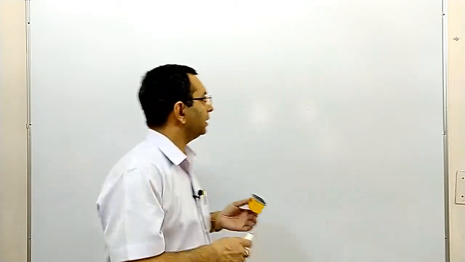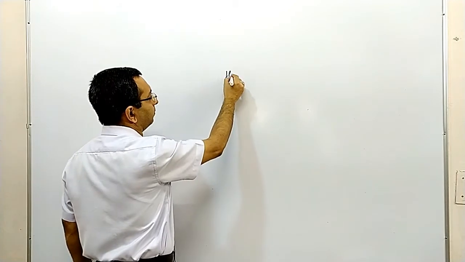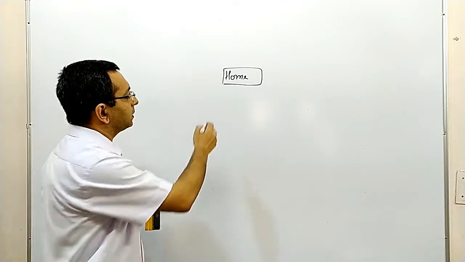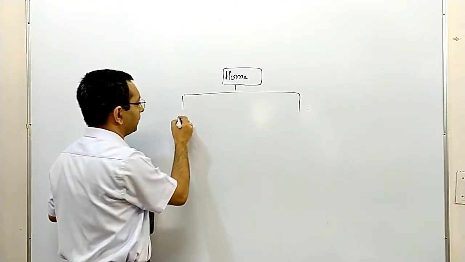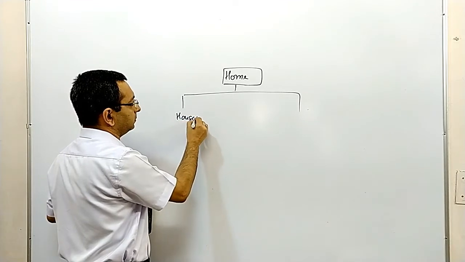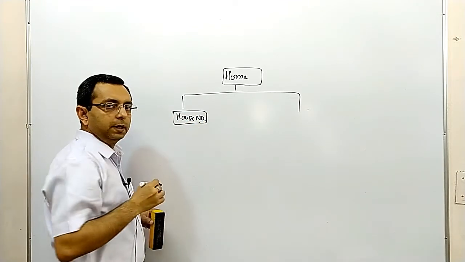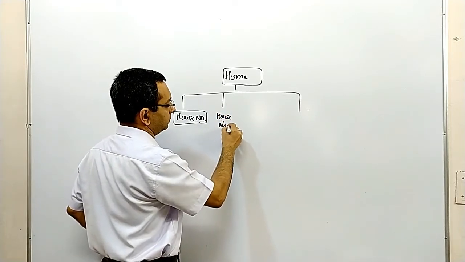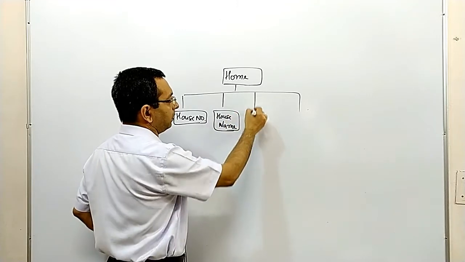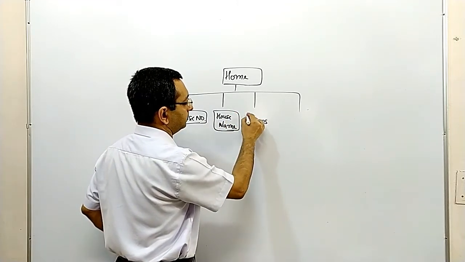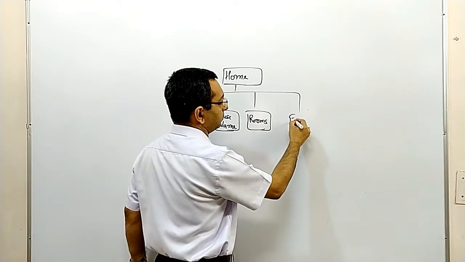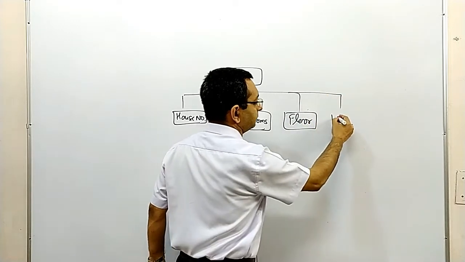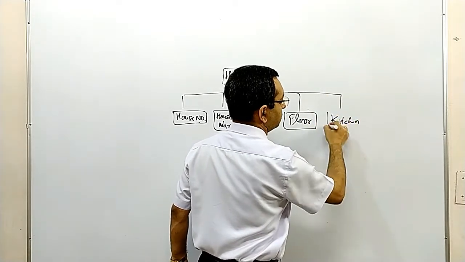For example, I am taking an example like your home. Your home is a combination of house number, in some cases house name, number of rooms, number of floors, number of kitchens, and so on.